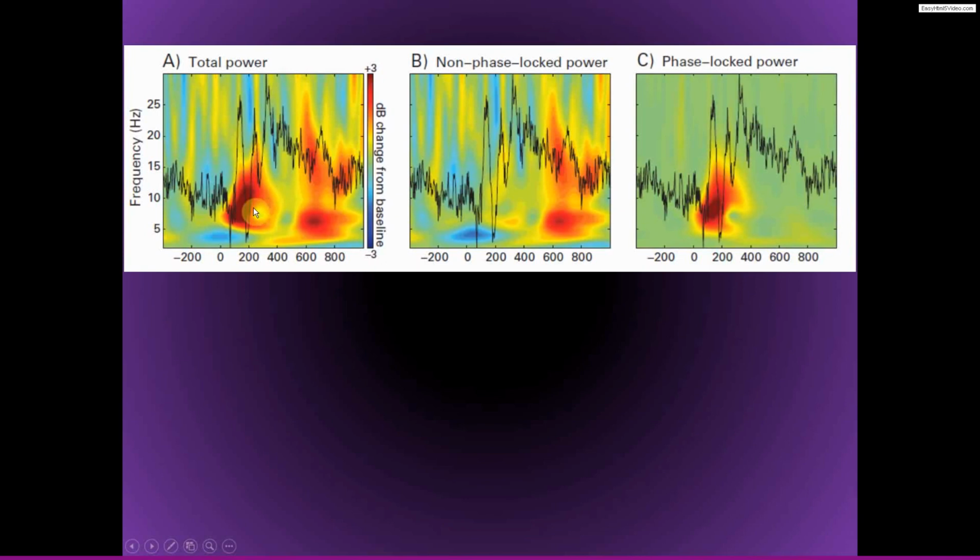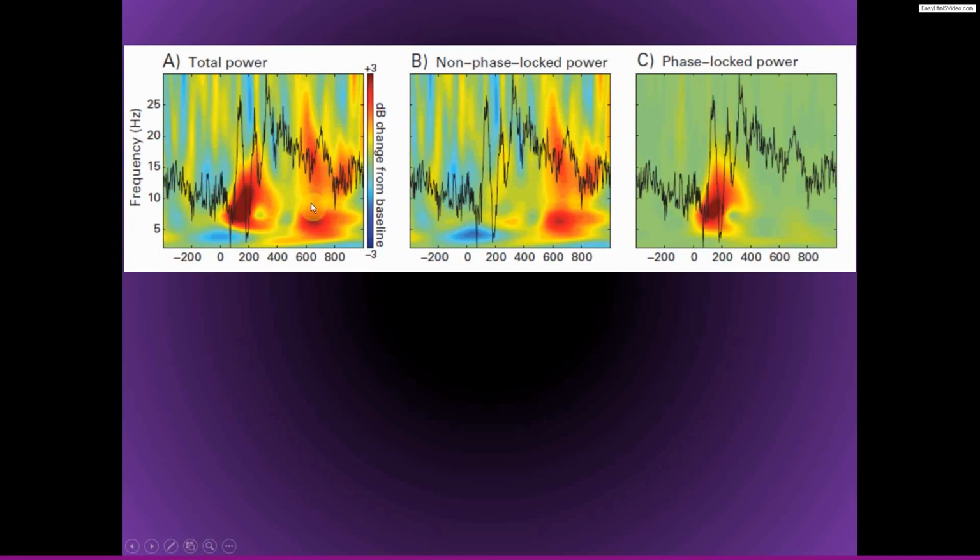So this is the sort of thing that you see fairly often in posterior channels and electrodes over visual cortex during a visual stimulus, that there is this very early fast component that tends to be phase locked, and then there is later dynamics that tend to be non-phase locked. These later components, almost by definition, need to be non-phase locked.